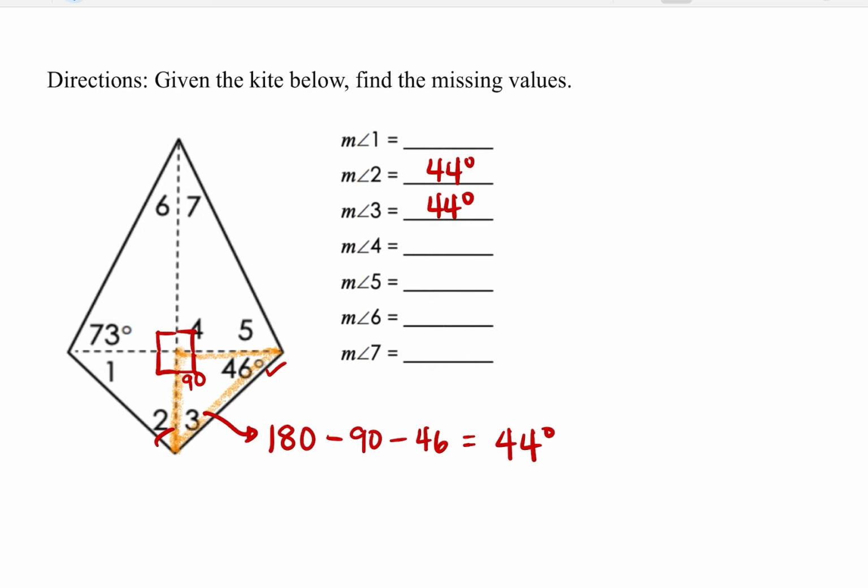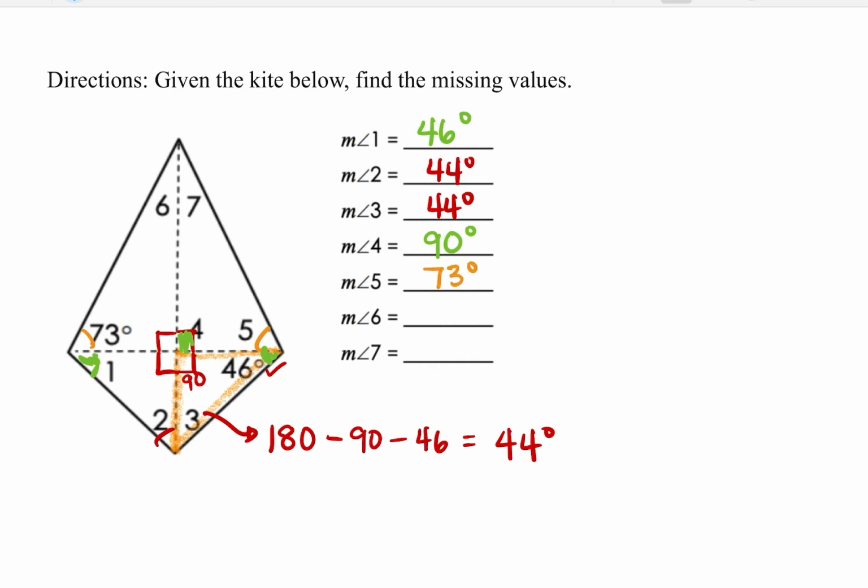If this angle here is 46, then angle 1 will be 46 degrees. Now, angle 4 is in the center, so that is 90 degrees. And we should be able to find angle 5. If this angle here measures 73, then angle 5 is going to be 73 degrees.